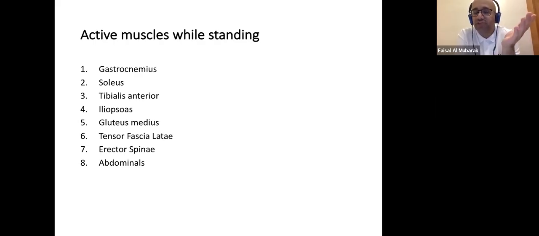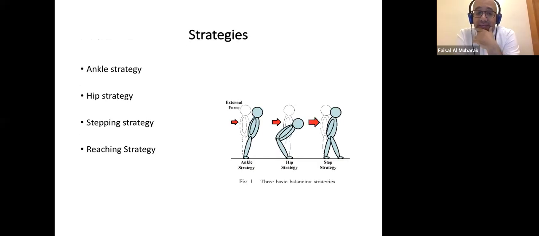No, these are the major ones, but we have other muscles that are supporting. Like if I go down the stairs, can I say that I'm not using my neck muscles? No, I'm using my neck muscles to support my neck, right? So I don't let it drop. But we don't list it. Okay, so these are the major muscles working when a person is standing.